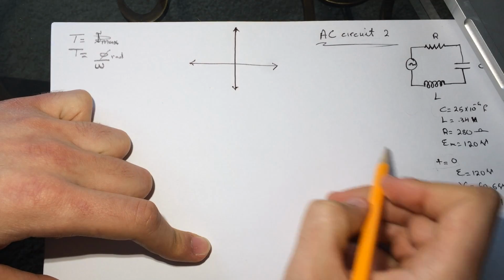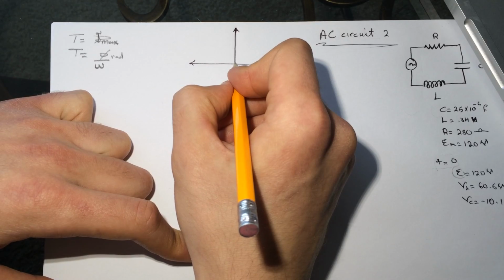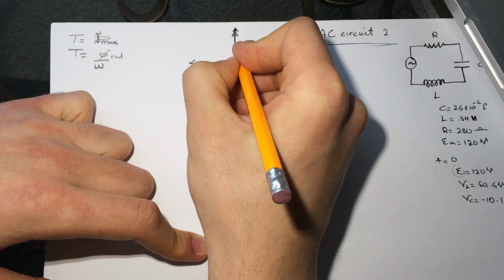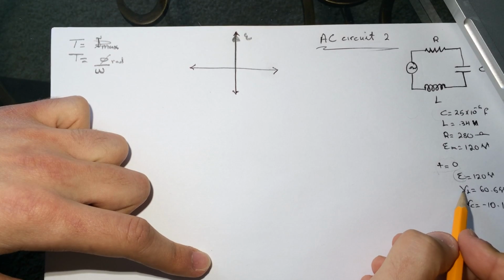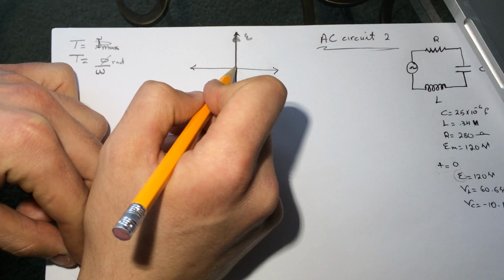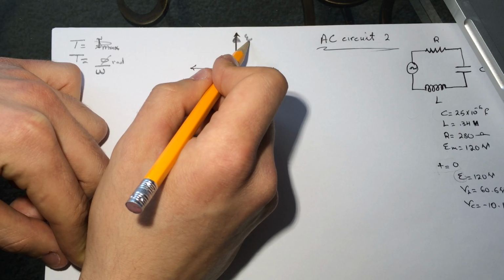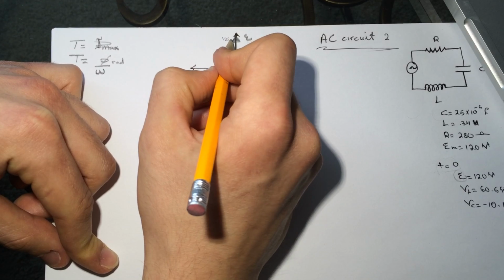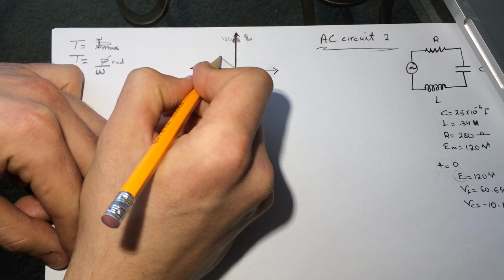So here, since at time equals 0 the generator is at max voltage, it's going to be here, and it's positive. Okay, and they give us that the voltage across the inductor is 60.6, and the vector for the inductor is ahead of the voltage of the generator, so since this is 120, the 60 is almost here.